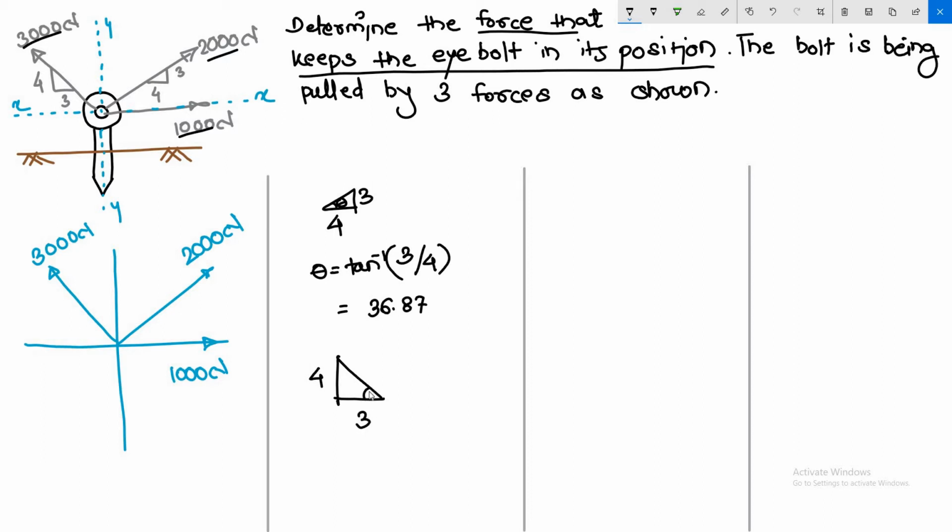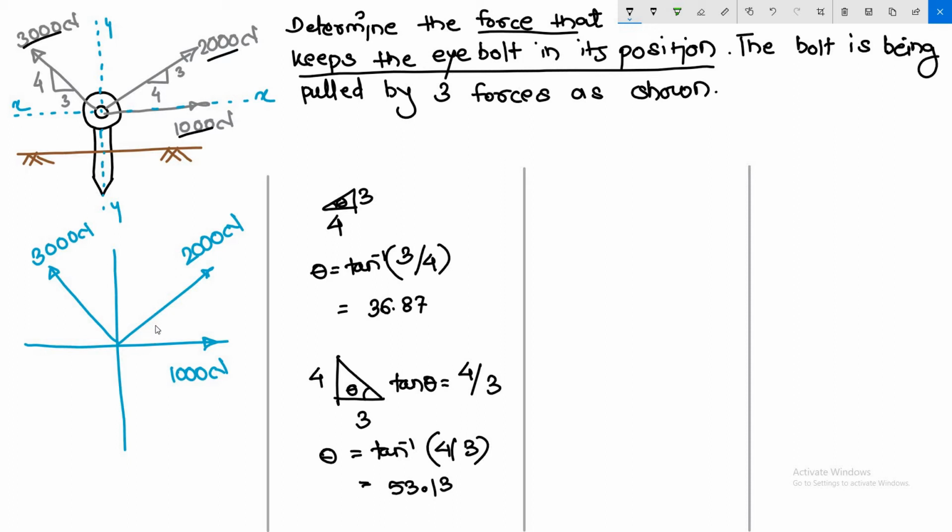Therefore, tan theta is going to be 4 divided by 3, because tan means opposite divided by adjacent, and theta is tan inverse of 4 by 3, which comes out to be 53.13.